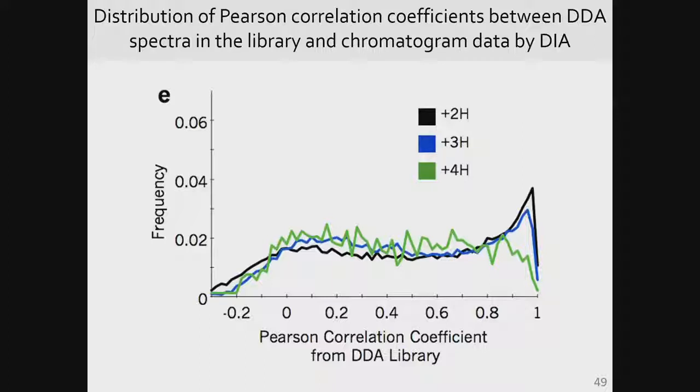It means that the fraction of things that are doubly charged in the chromatographic data that are matching with a high correlation coefficient in the spectrum library is much higher than that of +3 in the chromatographic data that are +3 in the spectrum library. And this is because the spectrum library data was collected with a DDA collision energy that was optimal for +3.